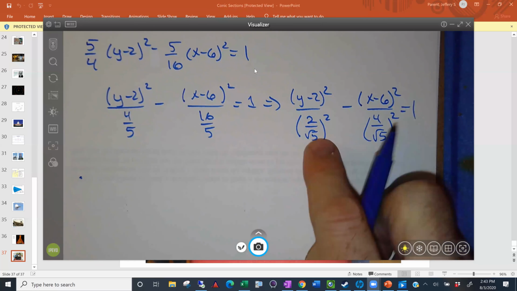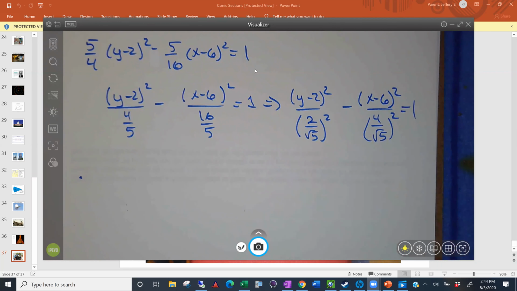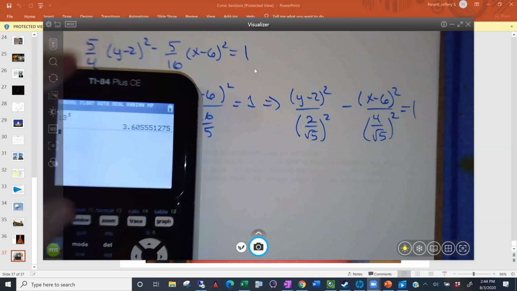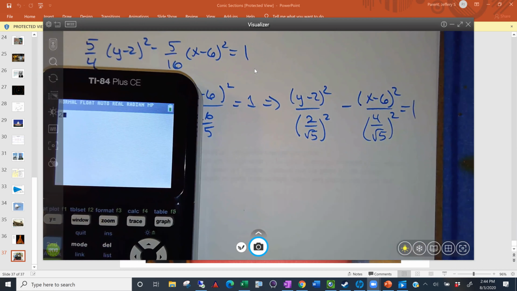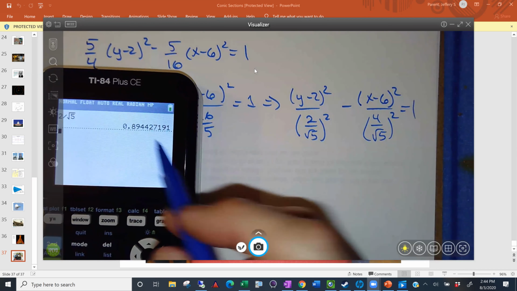Now, despite the fact that these are kind of ugly numbers, overall the problem will work out okay. It might be handy to figure out just what these numbers equate to. So I can take 2 divided by the square root of 5 and get about 0.9.